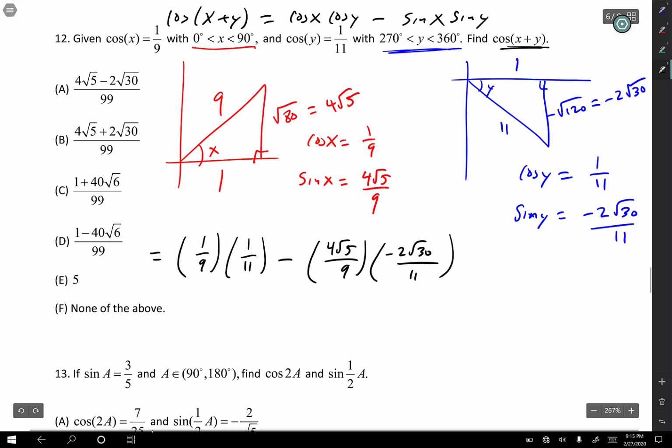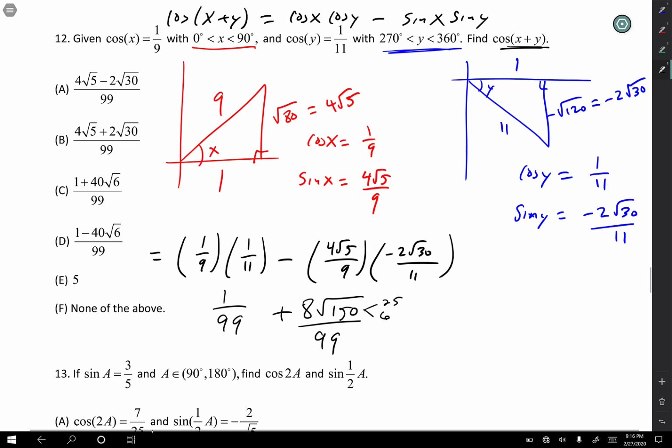So when you do that, you get 1 over 99, minus times the negative is a positive, and you get 8 square root of 150 over 99. And then that 150 breaks down into 25 times 6, because if you have 6 quarters, that's $1.50.